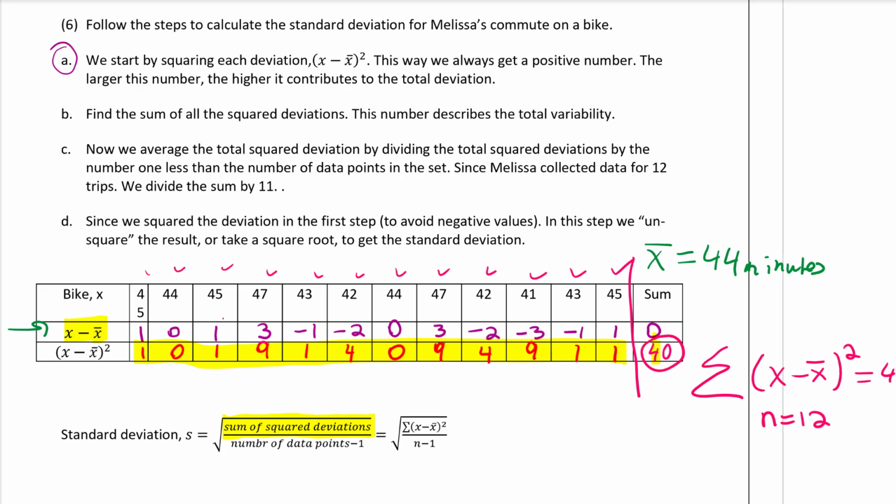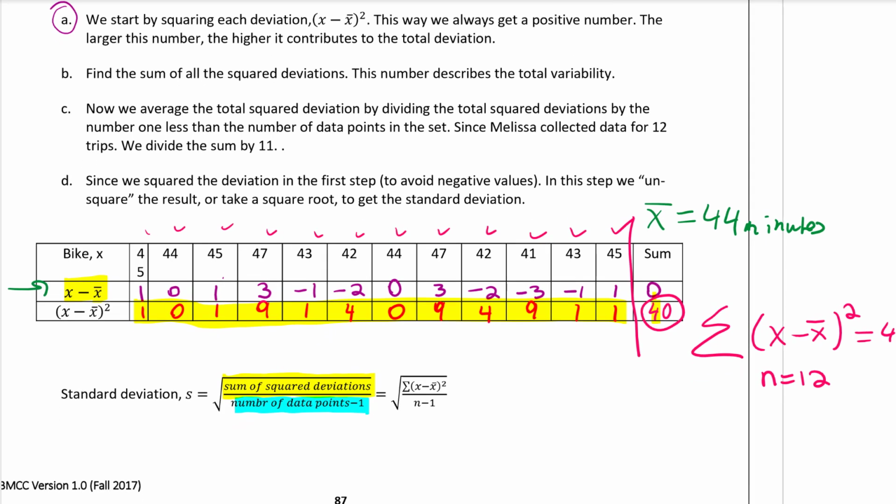You're going to divide by the number of data points minus 1. That minus 1 is a statistical result. We don't go into why that's the case, but it makes our computation a more reliable measure of the spread. So instead of dividing by 12, you always divide by one less than the total number of data points.